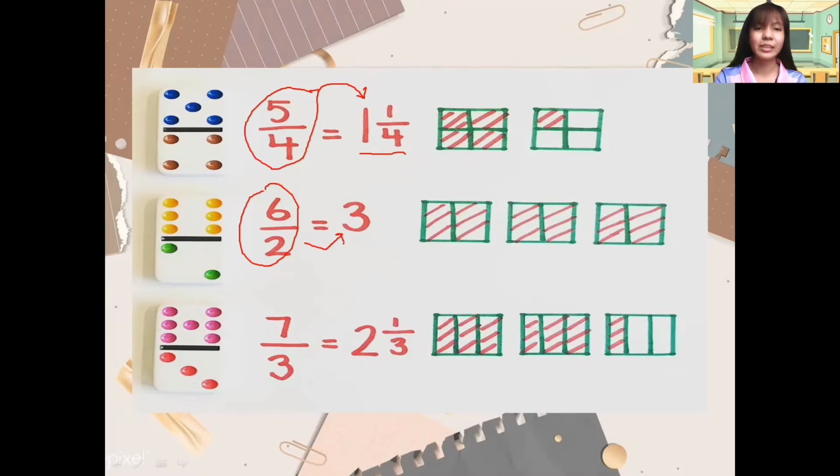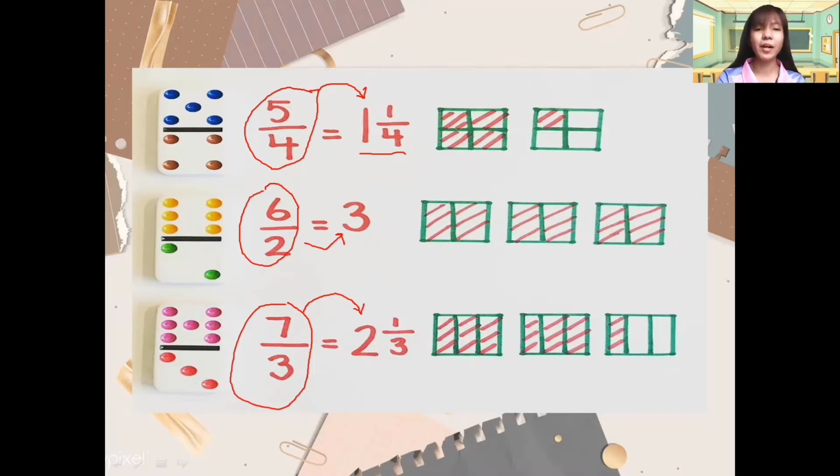Okay. So here, another example. This is as well an improper fraction. Why? Because the numerator is greater than the denominator. So if the fraction is improper, in answering, you have to convert it into a mixed number.